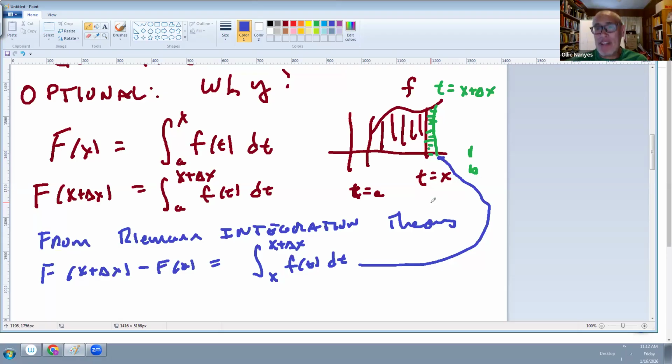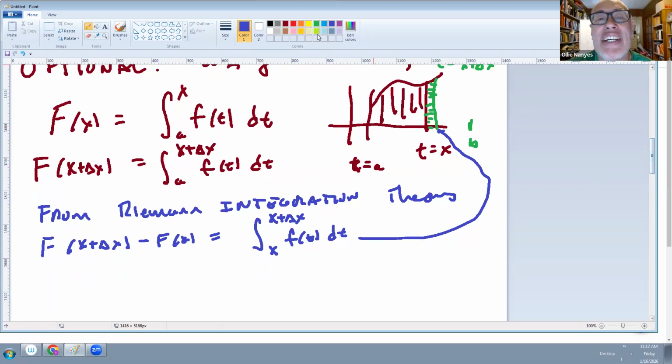Now, here's where the real hand waving really starts. This green area here, notice it has a width and it has a height. This green area is equal to the base times a certain height.